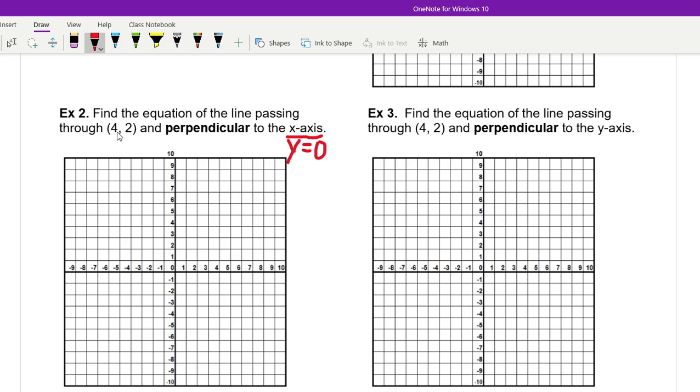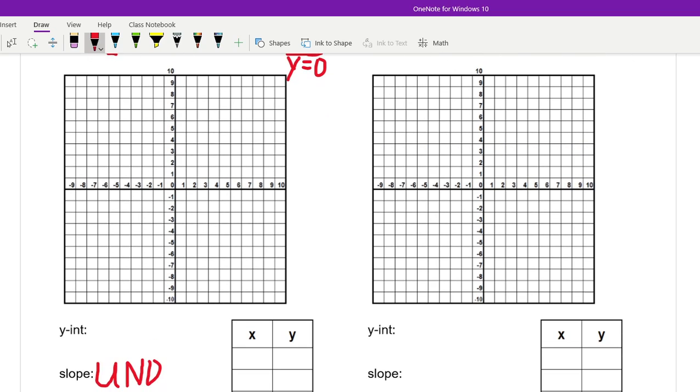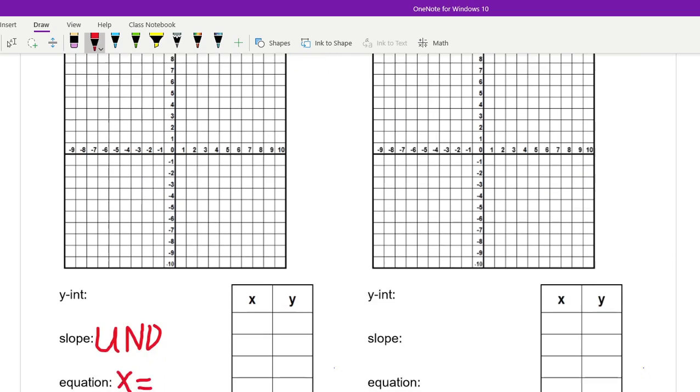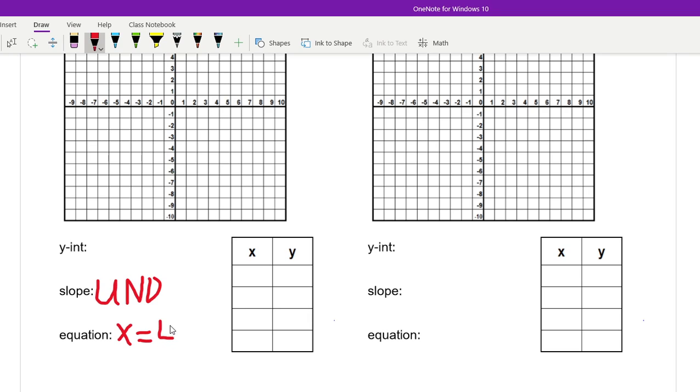When we have a vertical line and we want it to go through a specific point, we have to use that point's x value. So in this case, we'll use x equals 4. So yet again, we can use all of our x values as 4, and then our y values can be anything because our x values will always be 4.